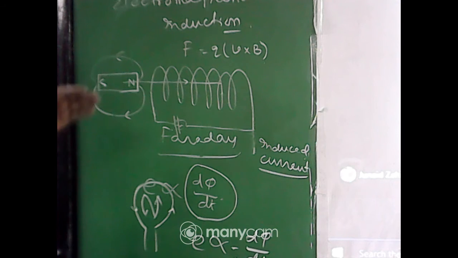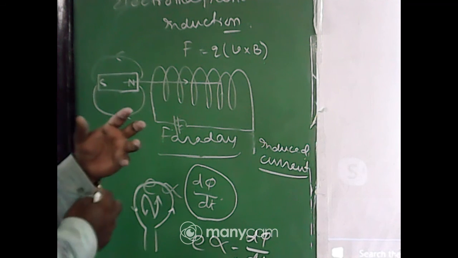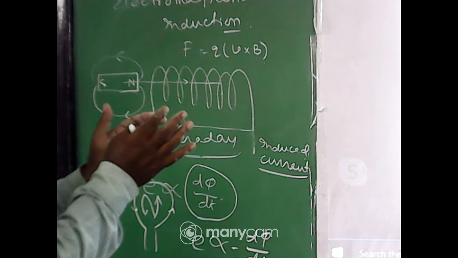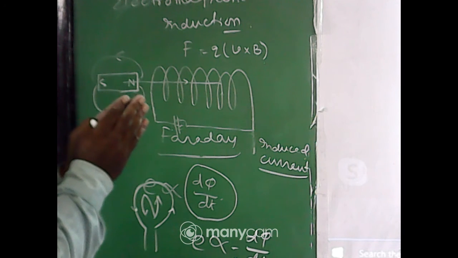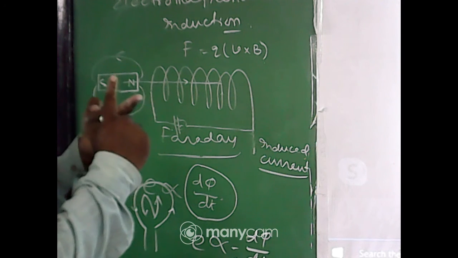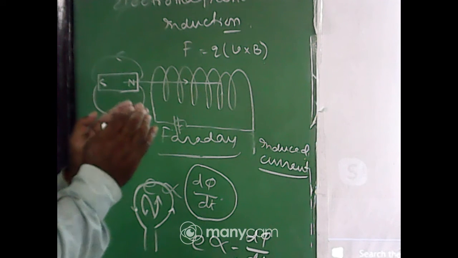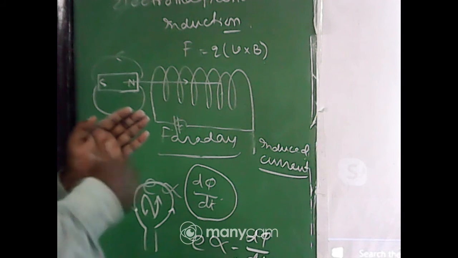So my dear students, you see two types of coils are there. One coil is inside, another coil is just side by side, not touching each other. Am I clear? Not crossing each other. They are fully separate. And that depends on the number of wire turns on the coil.